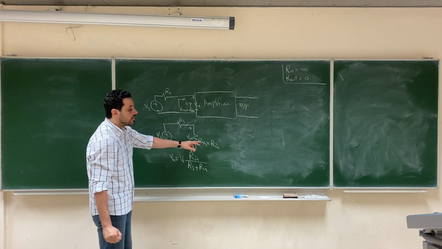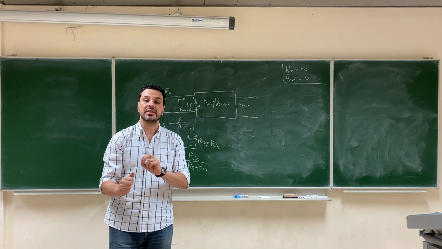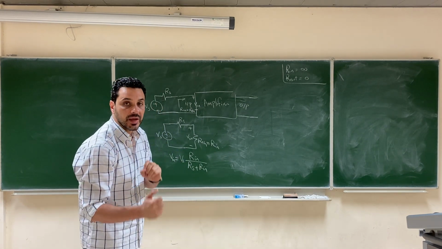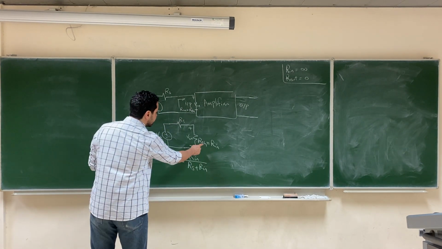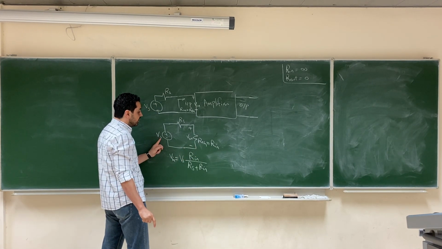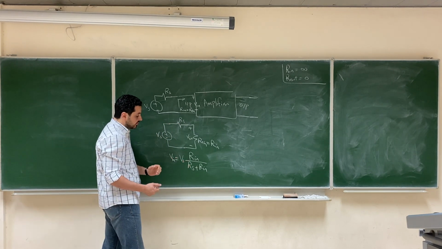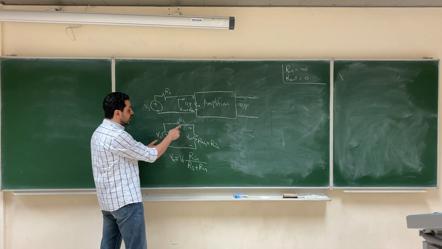Now, if the input resistance of our amplifier is small, what will happen? Most of the source voltage will go to the resistance Rs, according to the voltage divider rule.